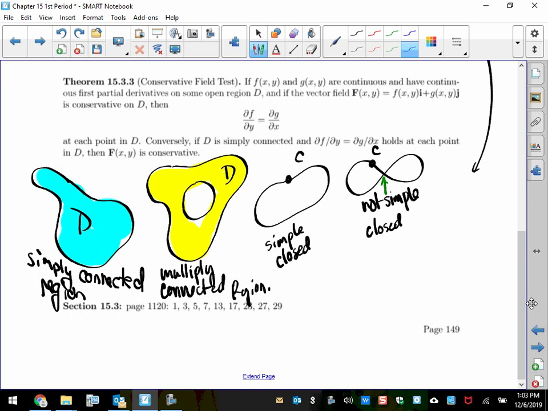We want to look at this theorem. It's called the conservative field test. It tests whether or not a field is conservative. You have two component functions, f and g, and they have to have continuous first order partial derivatives, so that means partial with respect to x and y, on some open region D. Open means that it doesn't have to include the boundary.